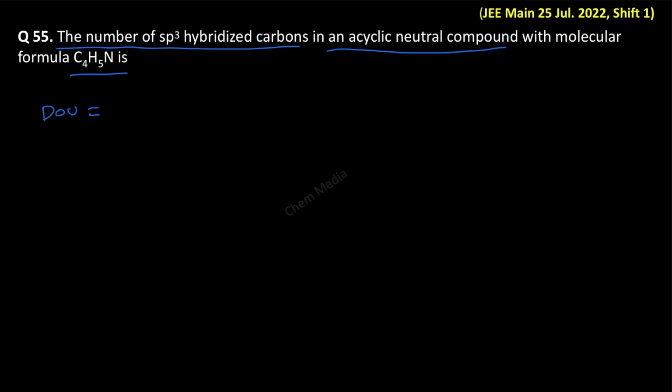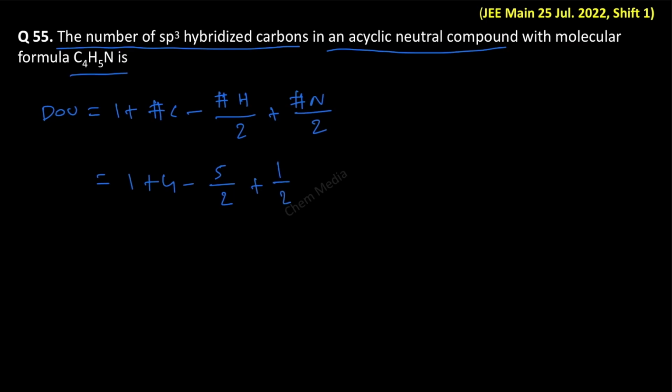Degree of unsaturation in this case is equal to 1 plus number of carbon atoms minus number of hydrogen atoms by 2 plus number of nitrogen atoms by 2. So therefore this is equal to 1 plus 4 minus 5 by 2 plus 1 by 2. So therefore this is equal to 5 minus 2.5 plus 0.5, and that is equal to 5 minus 2.